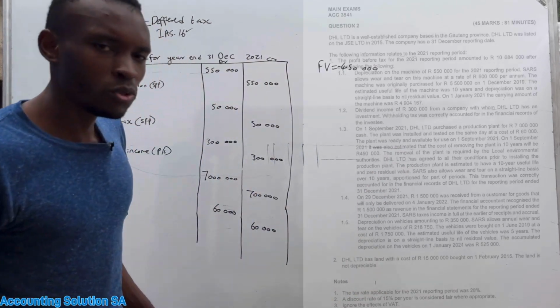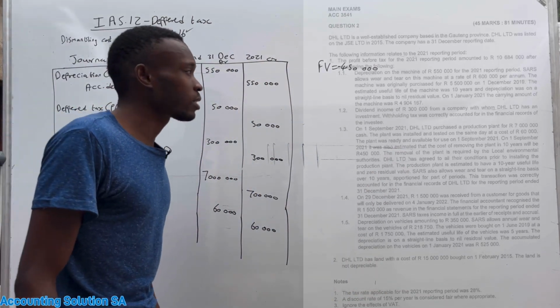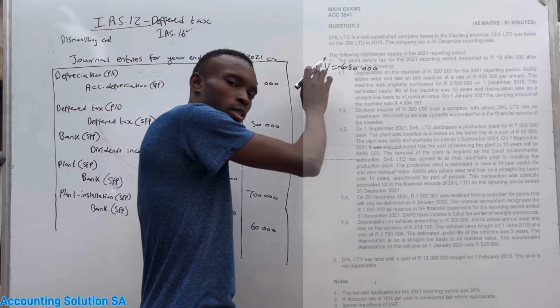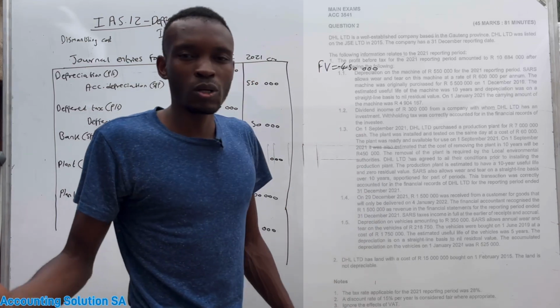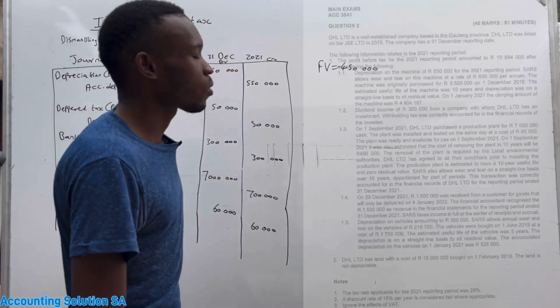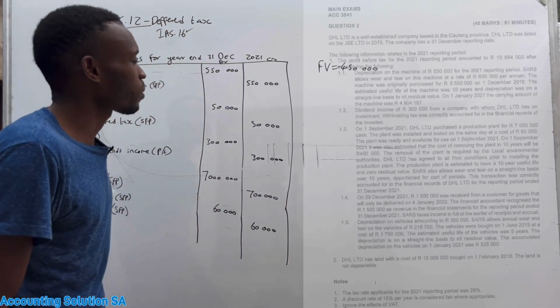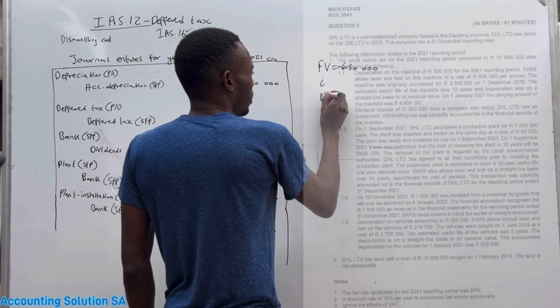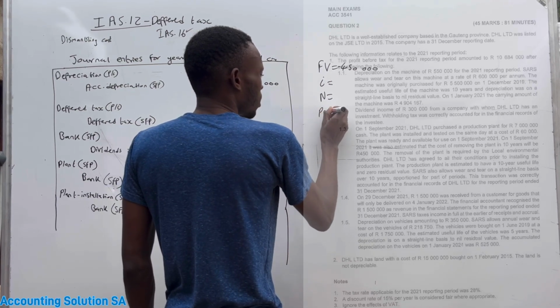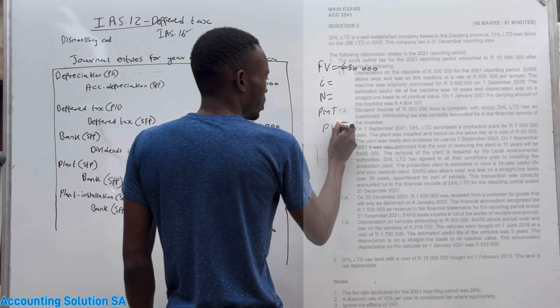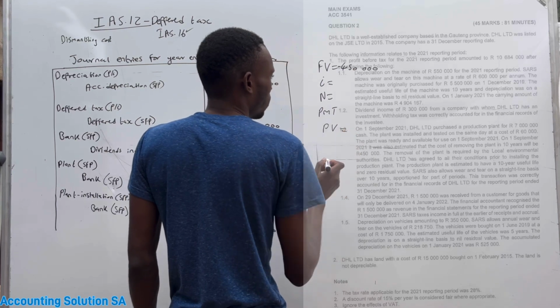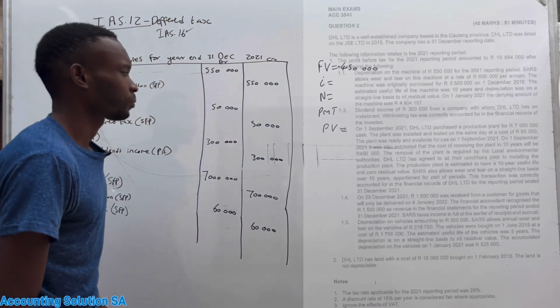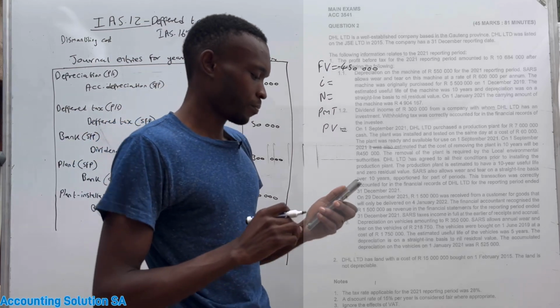So if this amount is a future value, it simply means that it has interest. If we want to take out interest, we must convert it into present value, which means that we need to find our I, our N, our PMT, then our answer will be present value. Okay, now let's do it.